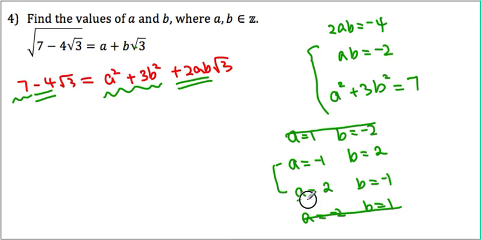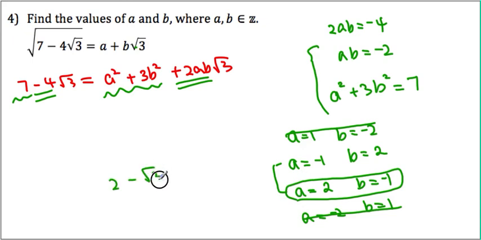So in fact, this will make sense. So therefore, our answer will be 2 minus radical 3. Then a is equal to 2, and b is equal to -1. Alright, great. And that's it.